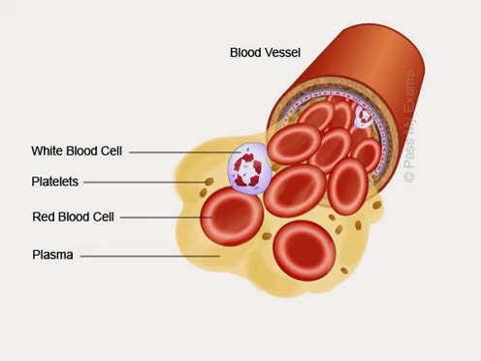All right, now let's look at red blood cell antigenicity. Red blood cell antigenicity involves different antigens located on the surface of red blood cells. Okay, we have a number of them.